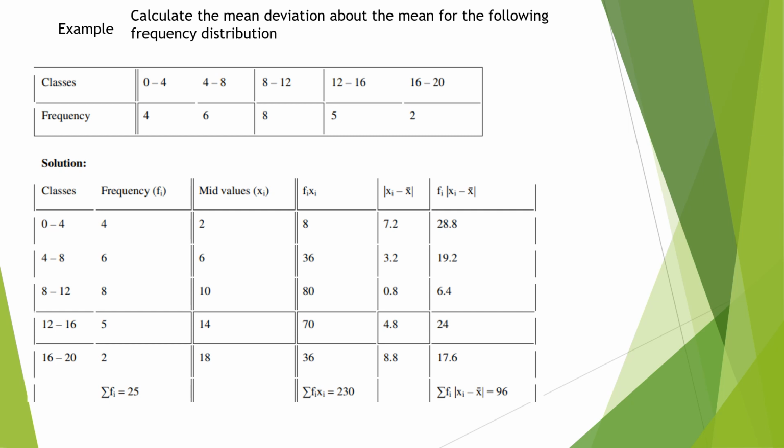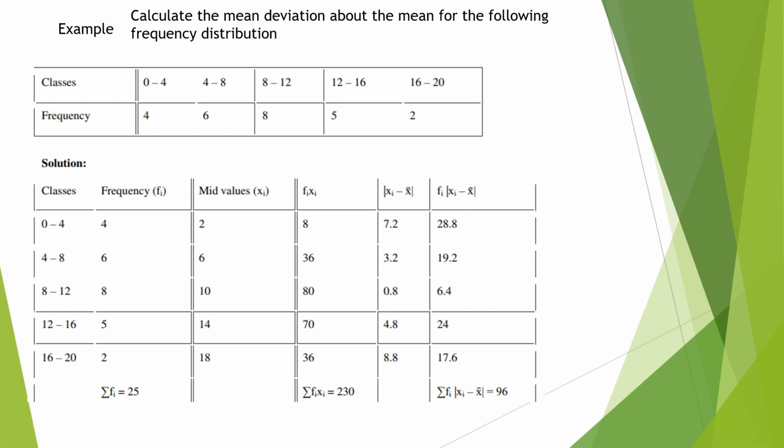Next is frequency into mid value. First of all, we will find the mean, that is summation of fi xi upon summation of f. After that, we will subtract it from the mid value. So we need to find the mean first. Then we make the table of modulus of xi minus x mean. Next is frequency into modulus of xi minus x mean, because it is a continuous series.